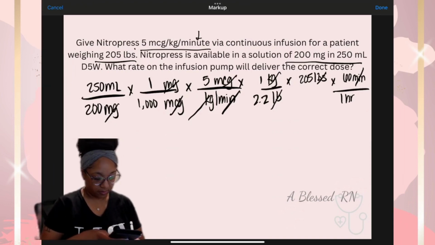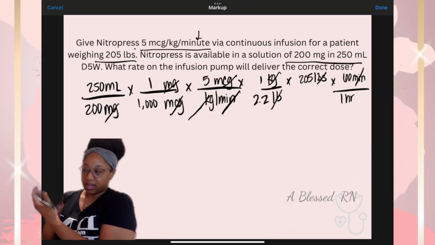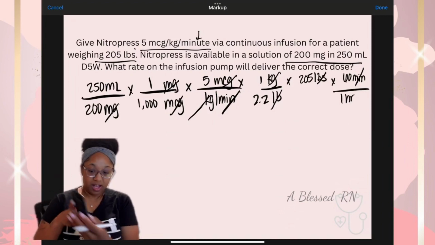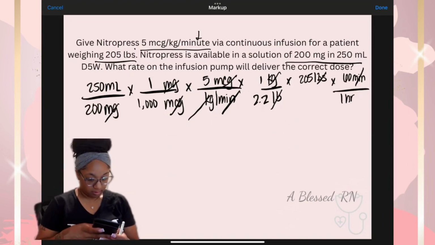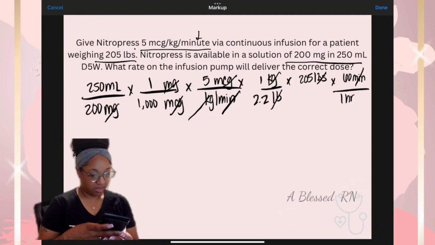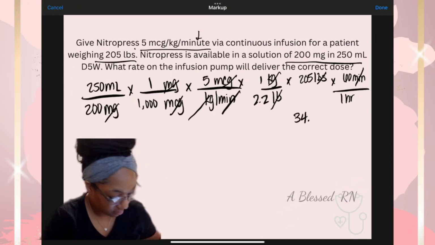All right, so 250 times 5 times 205 times 60. Hit divide. Don't press enter, and then divide by the bottom. Like I'm not canceling anything on my calculator.